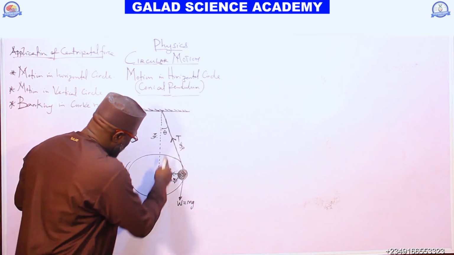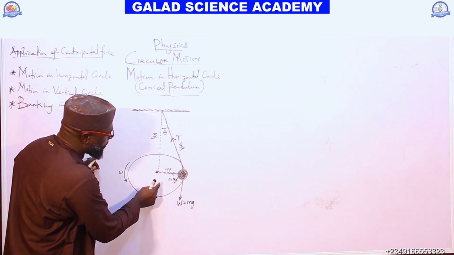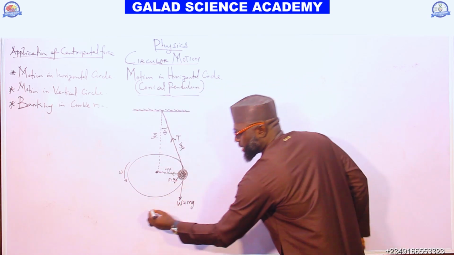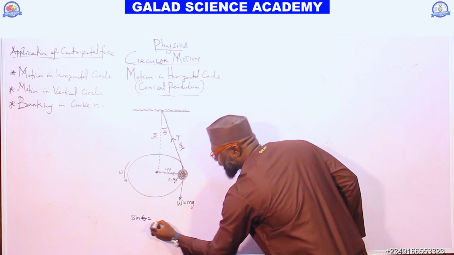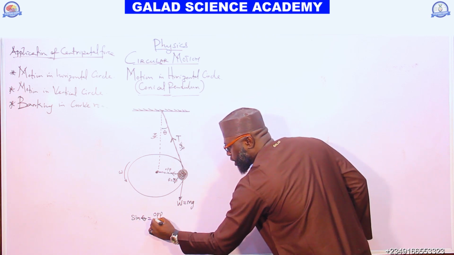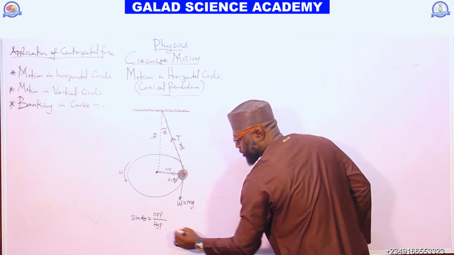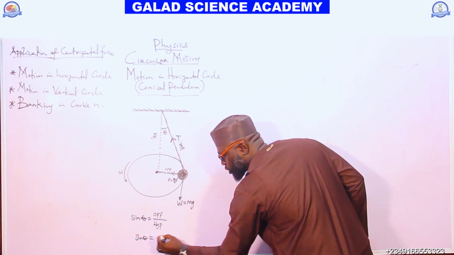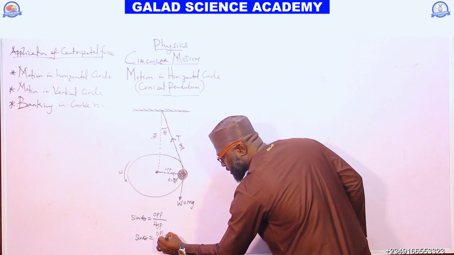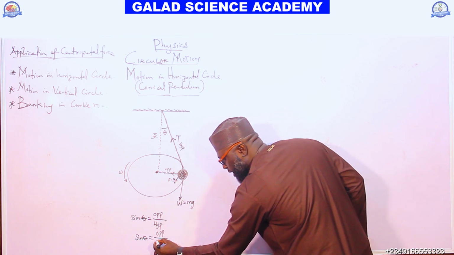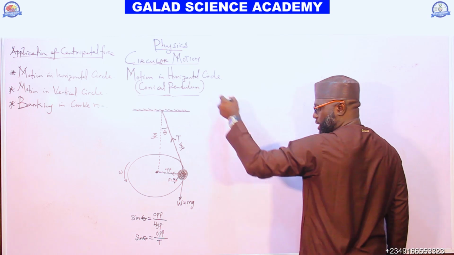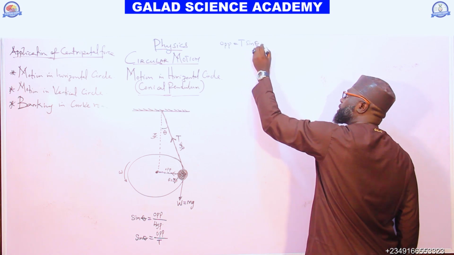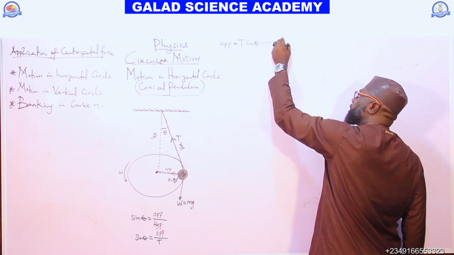So by finding the sine of this angle, sine theta equals opposite over hypotenuse. The hypotenuse is the tension T. So the opposite equals T sine theta. Call it Equation 1.